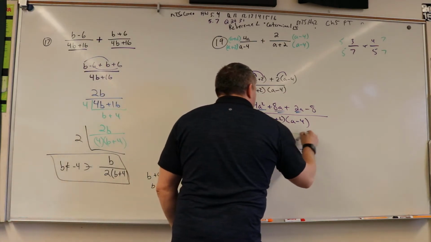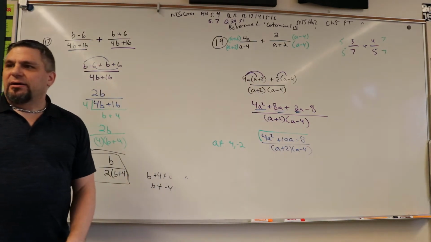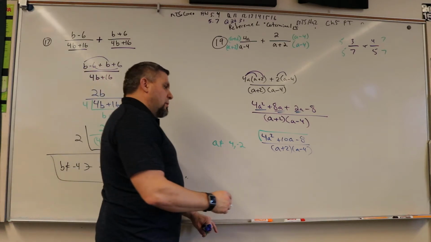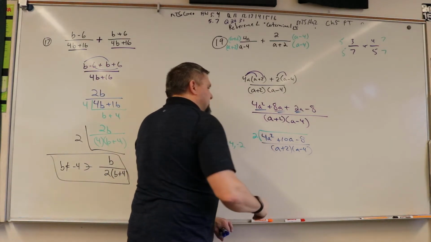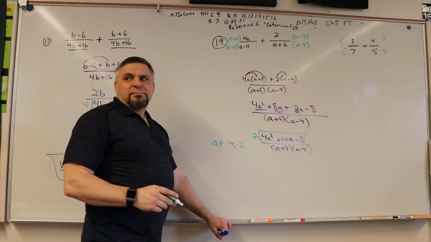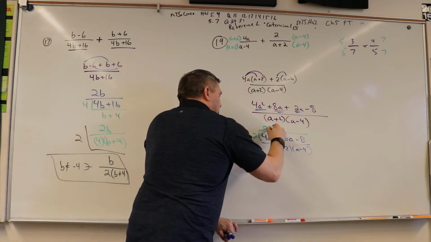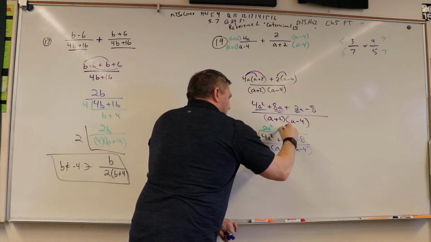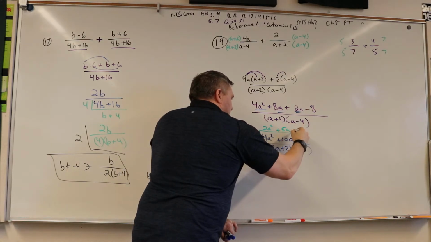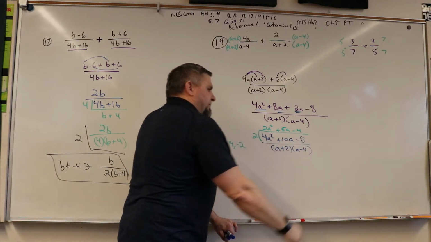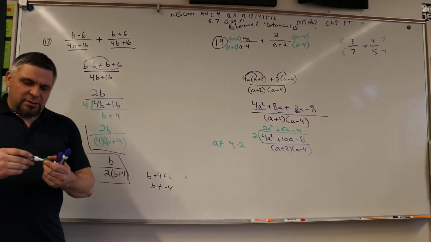Okay? And now we need to factor this out. So, GCF. What goes into all of that? 2. What's left? 2a squared plus 5a minus 4, right? Alright.